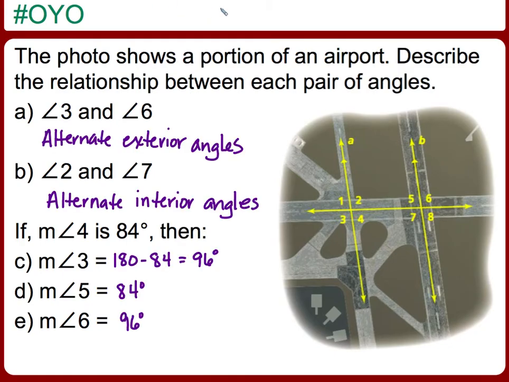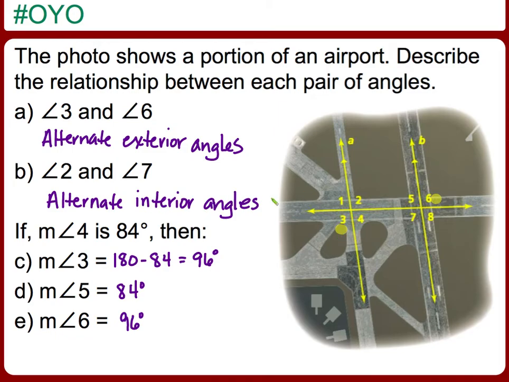Alright, so first talking about relationships, angles 3 and 6 here. So here's 3, here's 6. These are on the exterior. They're on the outside of the parallel lines. So they're exterior angles on the opposite side of the transversal. So they are alternating exterior angles.